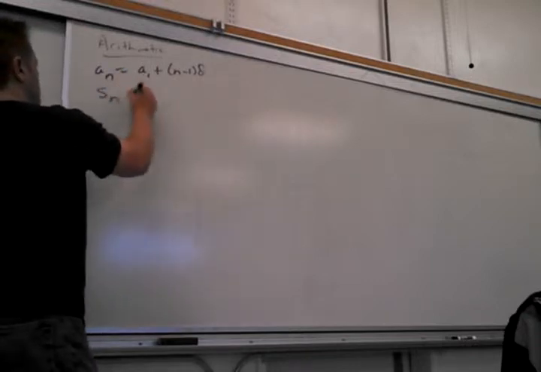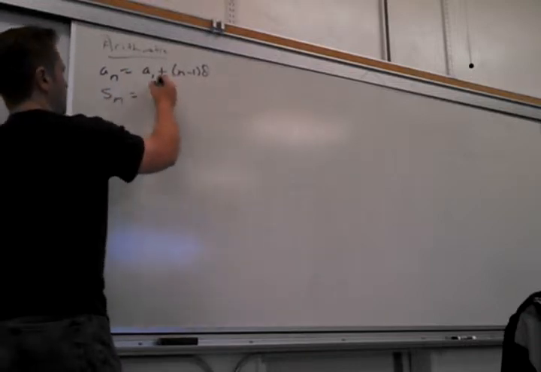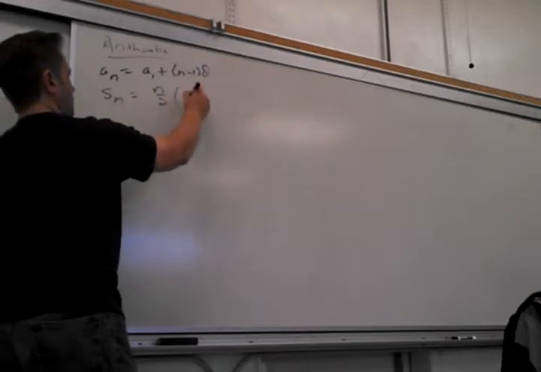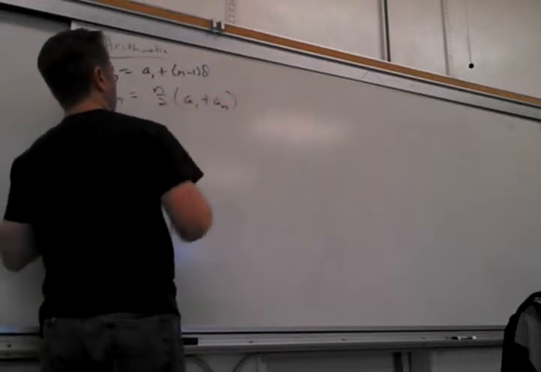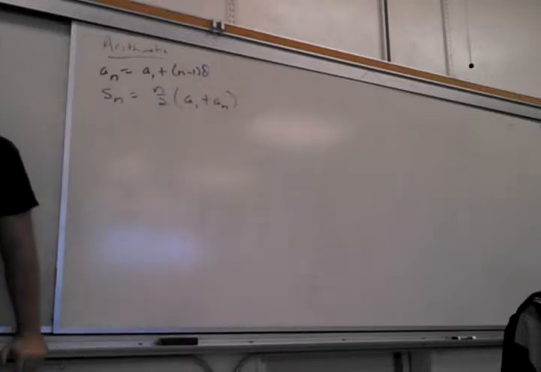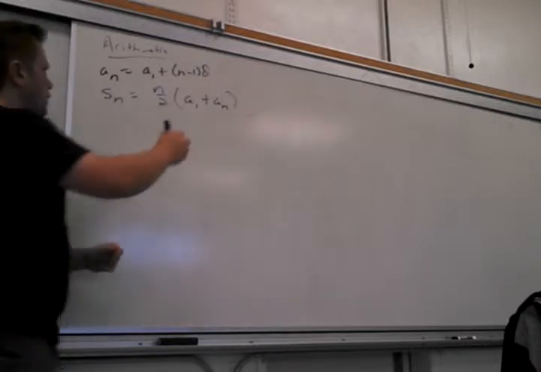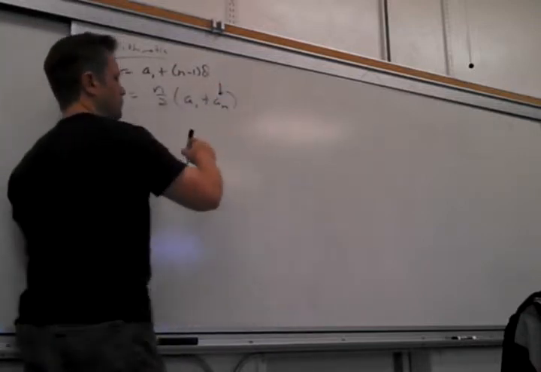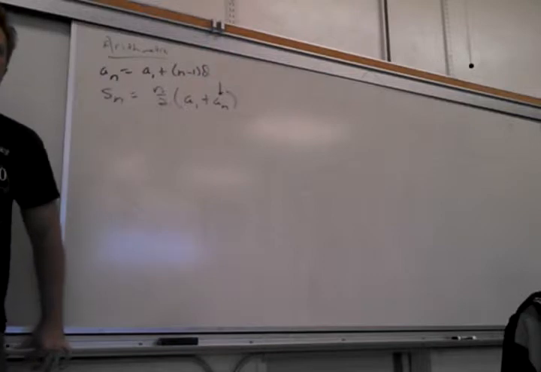And the sum was what? N divided by 2 times A1 plus AN. So notice that you have to figure out what this last term is.